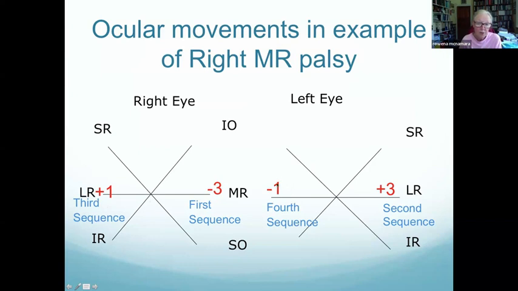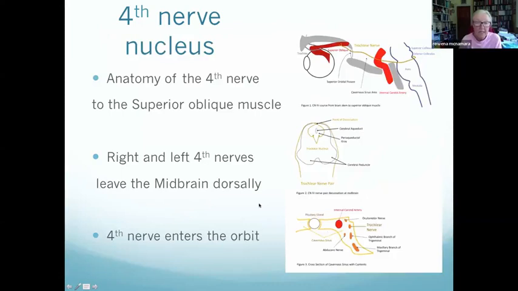And the fourth part would be the secondary inhibitional palsy, which would be the medial rectus in the left eye. So that really concludes all of the muscles that are innervated by the third cranial nerve.